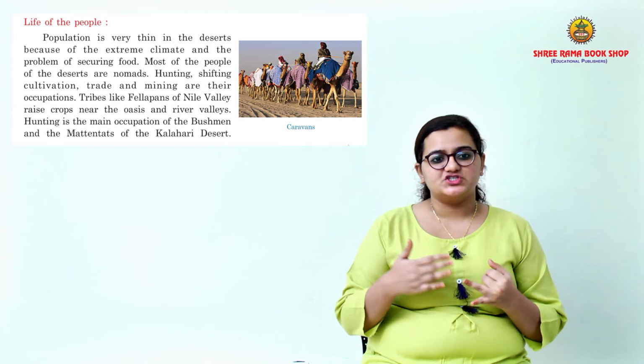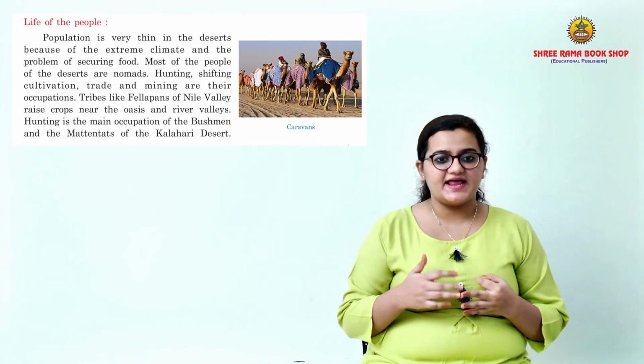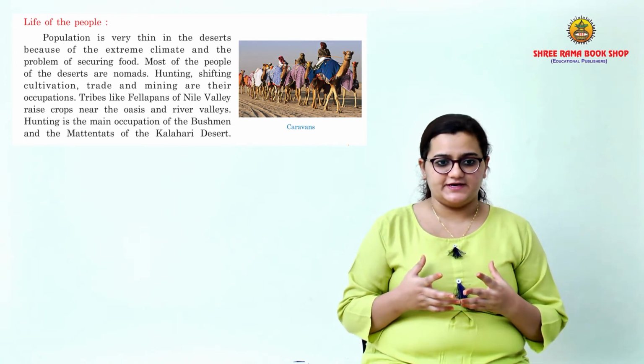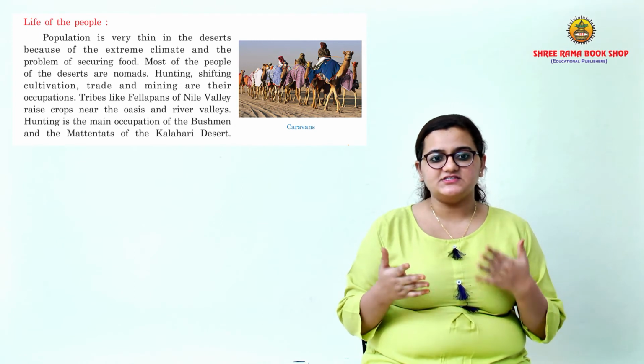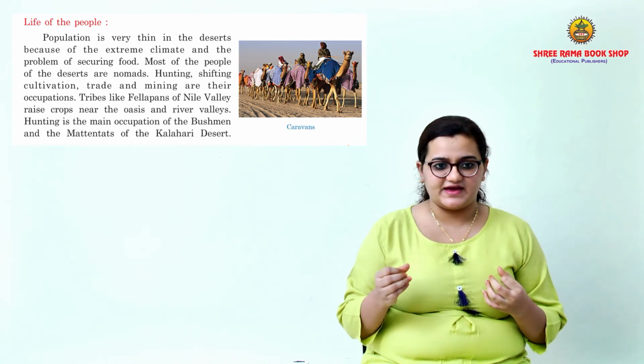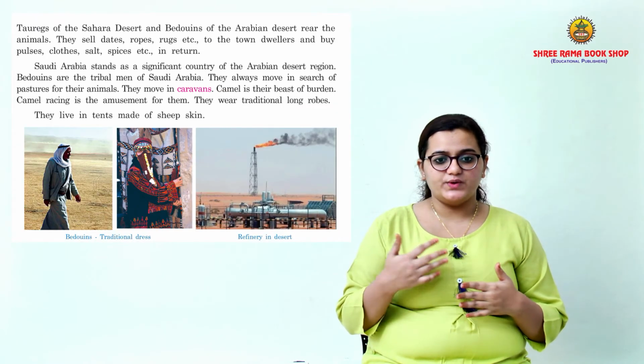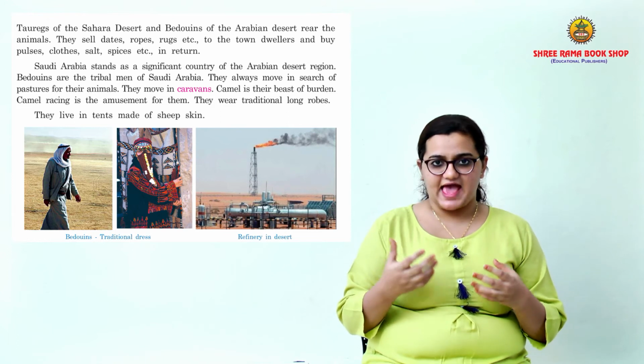Hunting, shifting cultivation, trade and mining are the most common occupations of people living here. Tribes like the Fellahin of the Nile Valley raise crops near the oasis and river valleys. Hunting is the main occupation of the Bushmen and the Hottentots of the Kalahari Desert. The Tuaregs of the Sahara Desert and the Bedouins of the Arabian deserts rear animals.